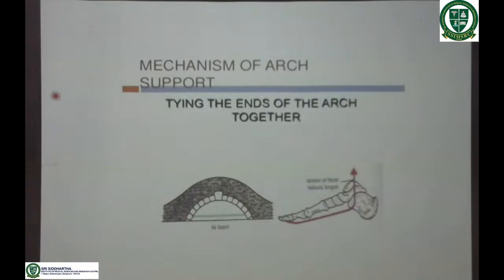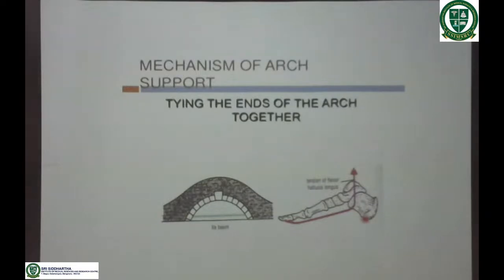Then the next supporting factor. Suppose this is the arch of a building. There are so many blocks that act as the bony segments. We can see the two ends: here is one end, and here is another end.